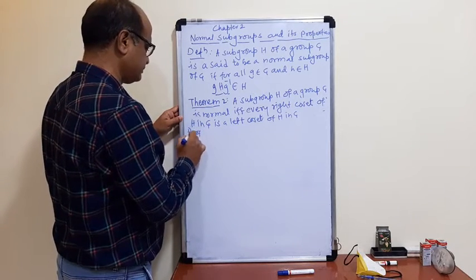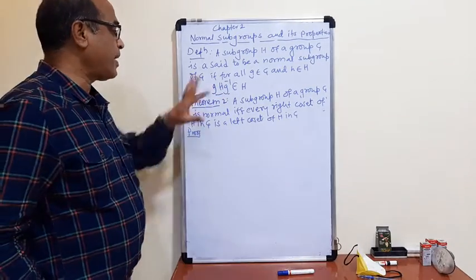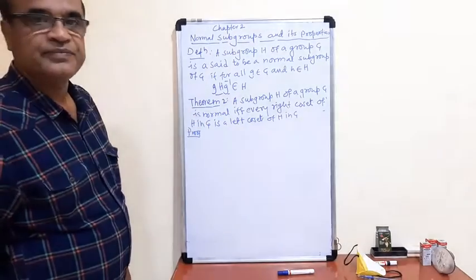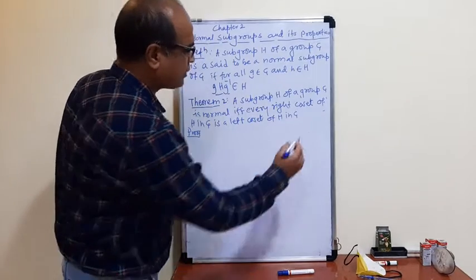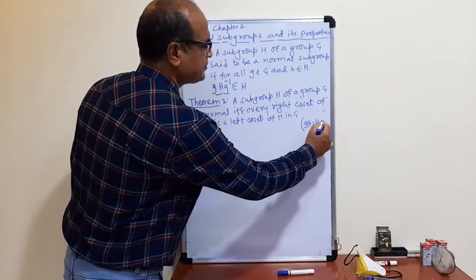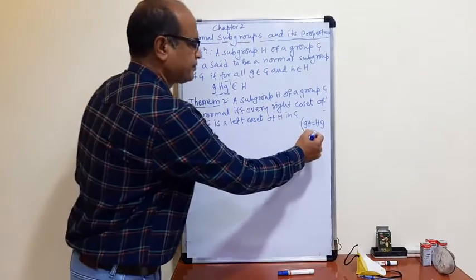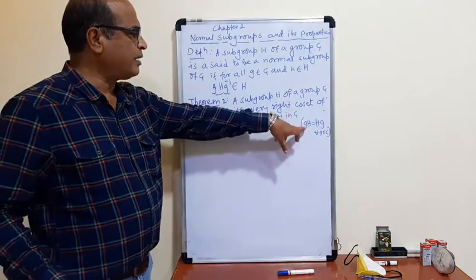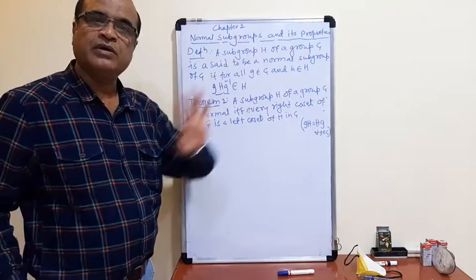What is the proof of this theorem? A subgroup H of a group G is normal if and only if every right coset of H in G is a left coset of H in G. So if H is a normal subgroup of G, then we prove that gH is equal to Hg, where g belongs to G. So if H is a normal subgroup, then prove that the left coset is equal to the right coset.